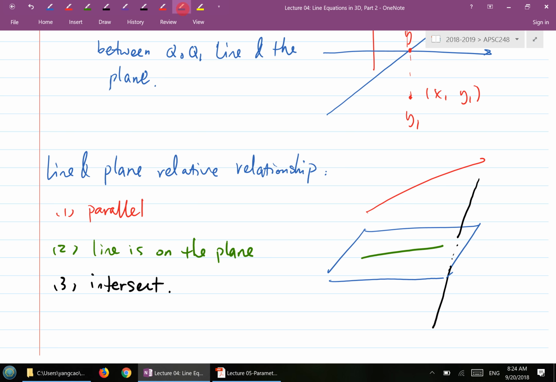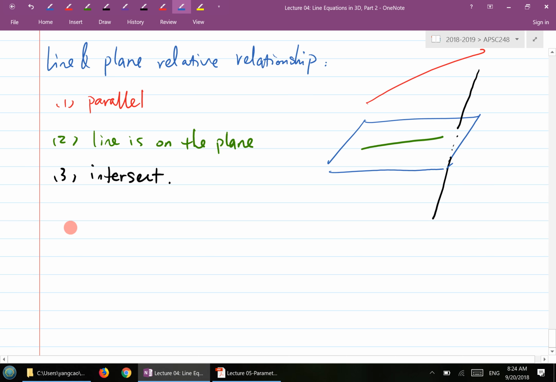So here's a question: how can I quickly determine what type of relationship there is between this given line and this given plane? Hypothetically, you have a line equation here, and you also have a plane equation.